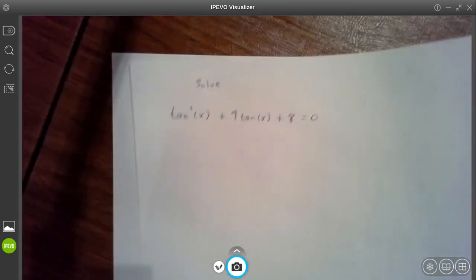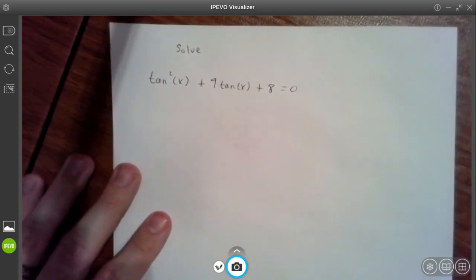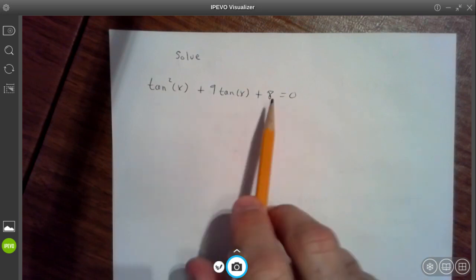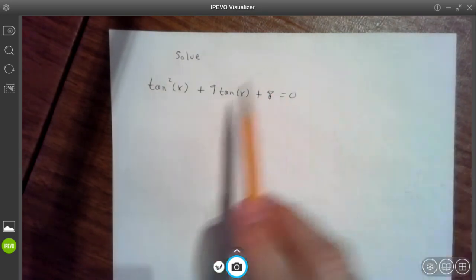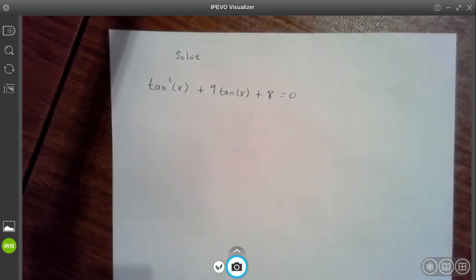We'll look at one more in this video. That'll be it. So this one is a quadratic in tangent. I'm going to try to solve this by factoring. I've got multiple terms here, so I'm not going to be able to just isolate the tangent like I did on that last one by inverse operations.